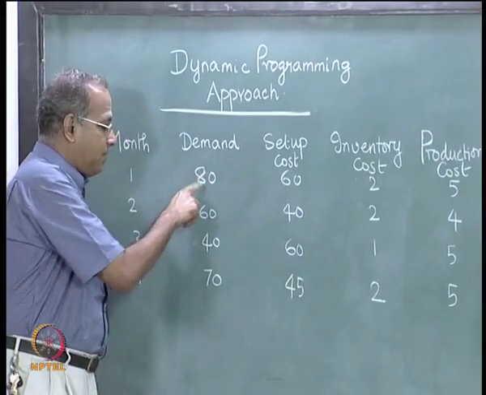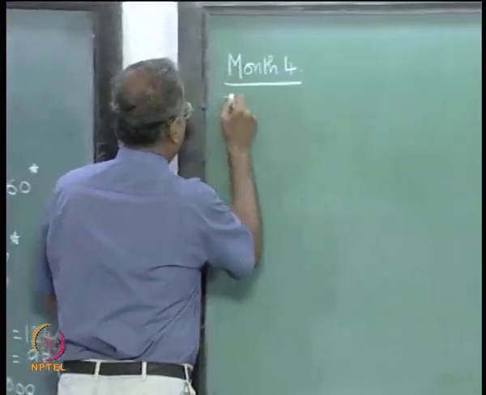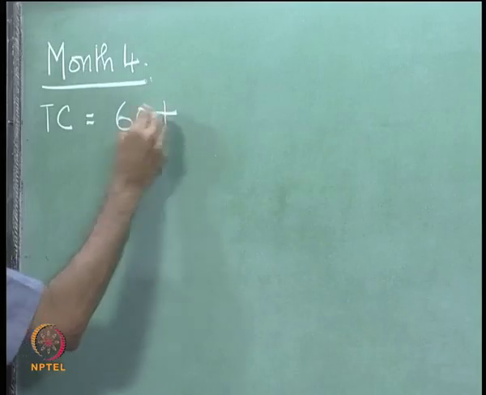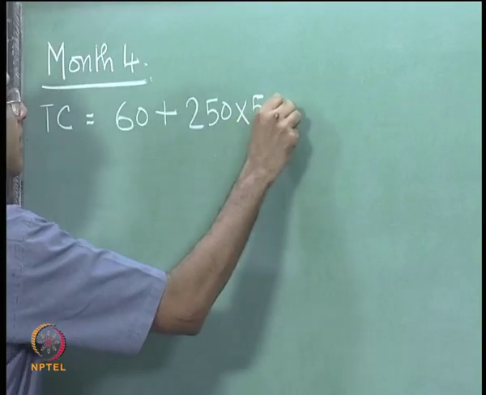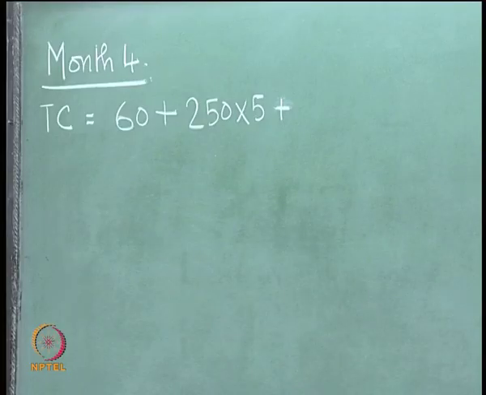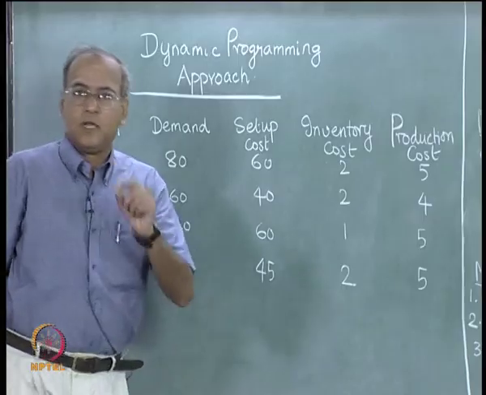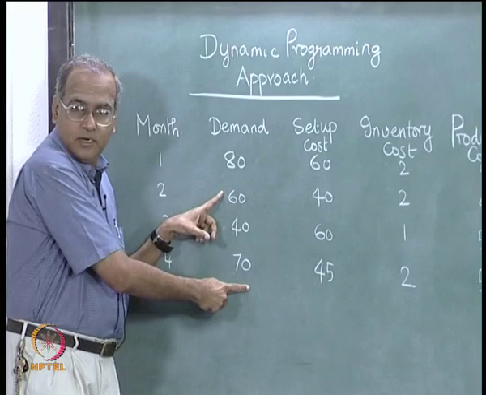So, produce 80 plus 60, 140, 180, 250. So, TC1, first way to do it, is to produce all the 250 in the first month itself by incurring a setup cost of 60, production cost of 250 into 5, unit production cost is 5, totally 250 are produced. Now, out of the 250, 170 is carried to the second month.